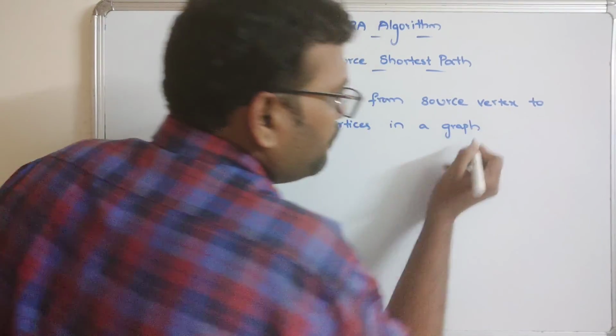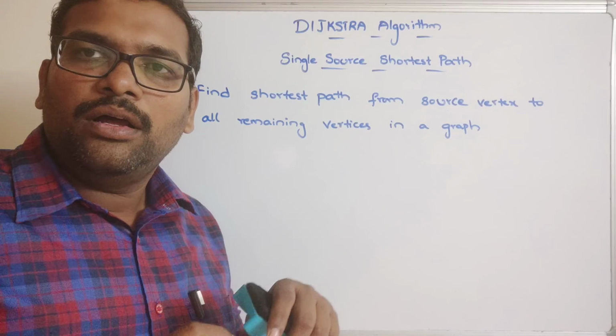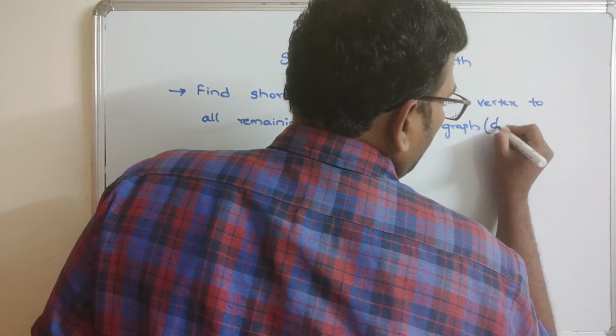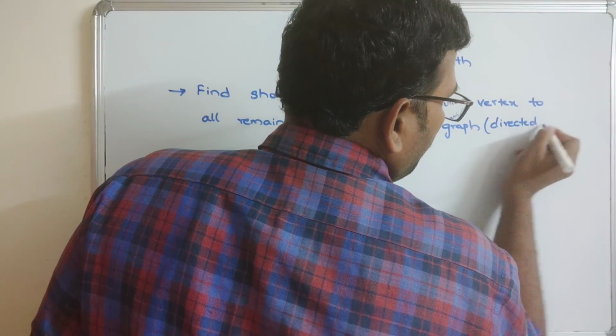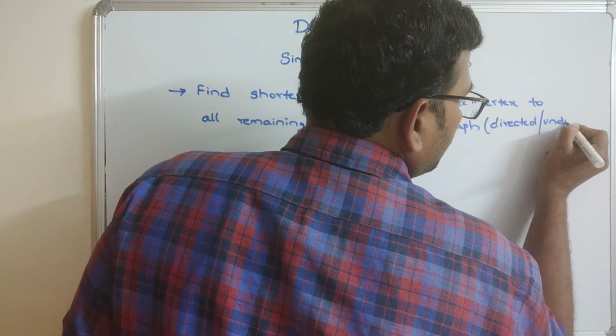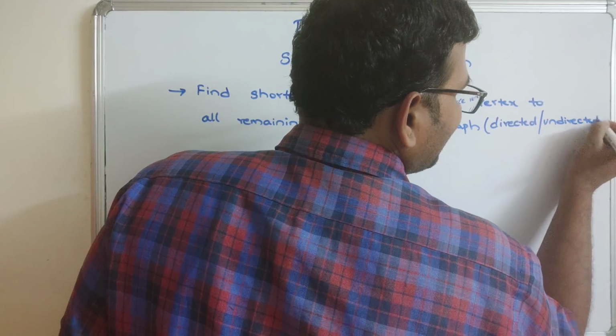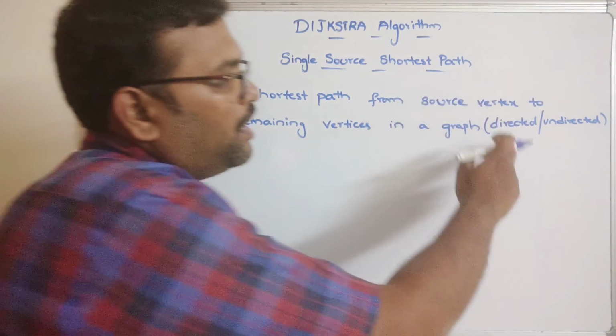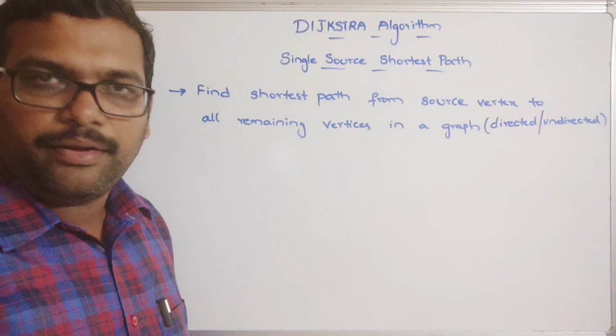So this graph can be a directed or undirected graph, right? This algorithm is suitable for either directed or undirected graphs.